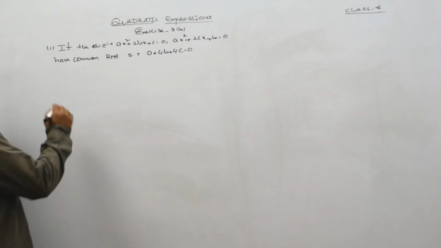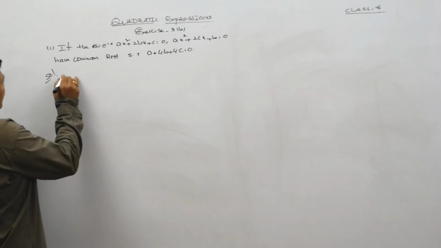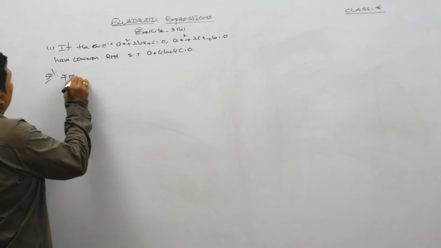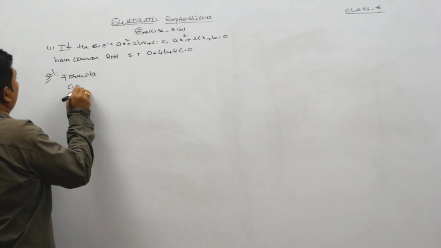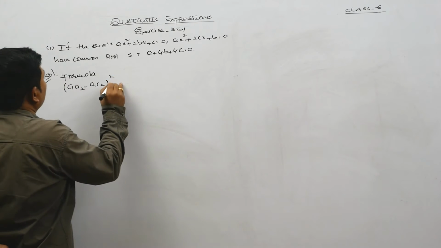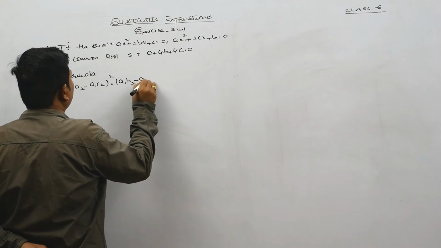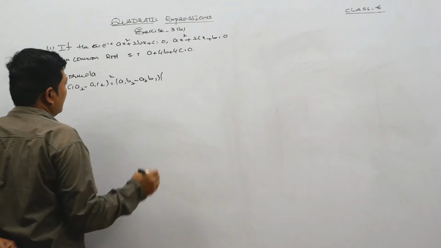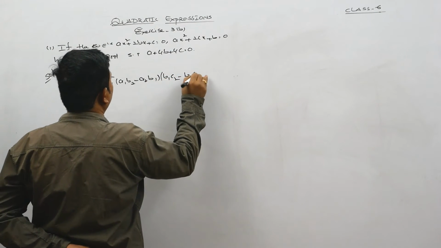And in the last class we discussed a formula, and you can remember that formula. (c1a2 − a1c2)² = (a1b2 − a2b1)(b1c2 − b2c1).